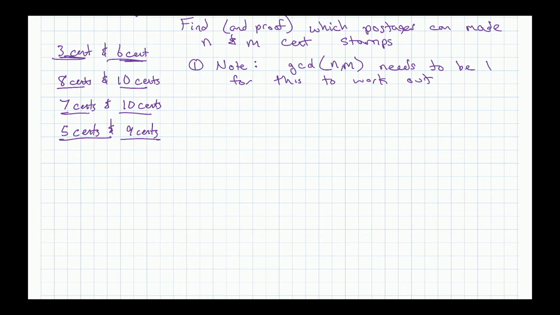Etc. So again, the point is that doesn't work because they have a 3. That doesn't work because they have a 2. But the other two examples are fine. So the greatest common divisor, that's GCD, needs to be 1 for this to work out.